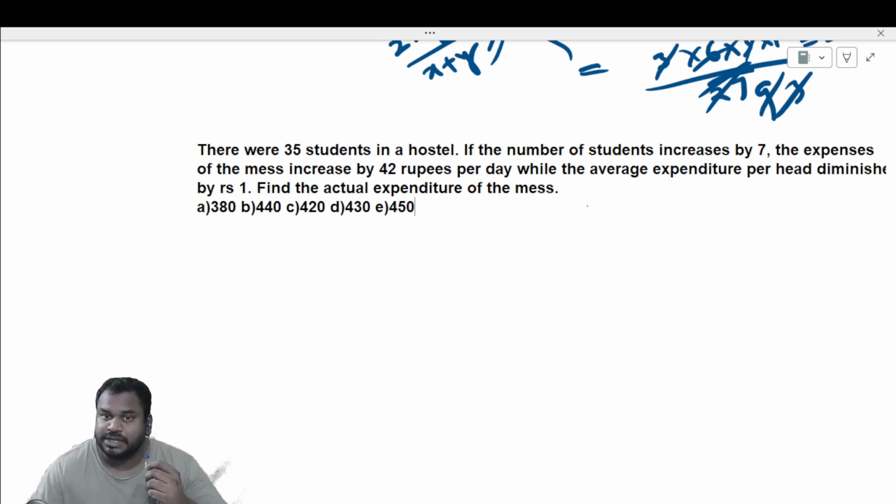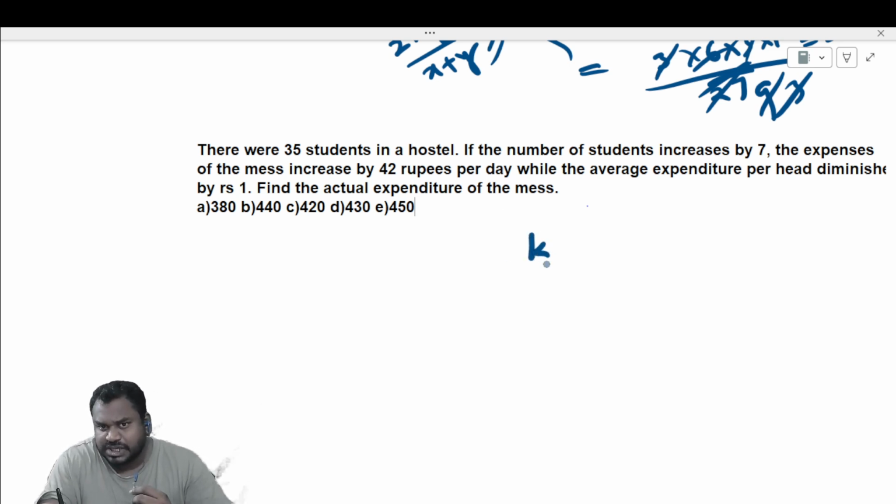But the average expenditure per head diminishes by rupees 1. Find the actual expenditure of the mess. Okay, actually, how much it was costing before.